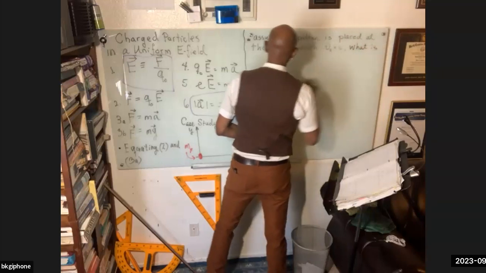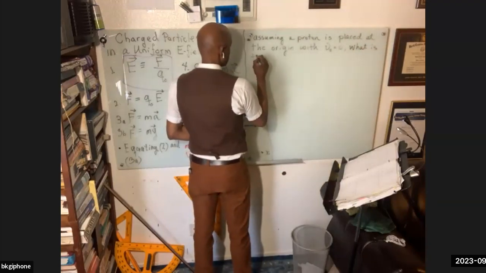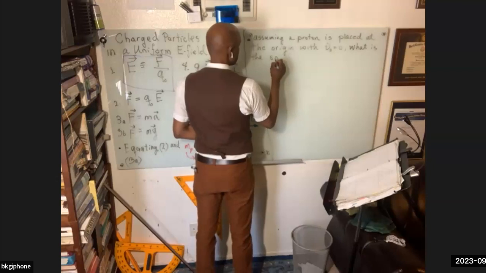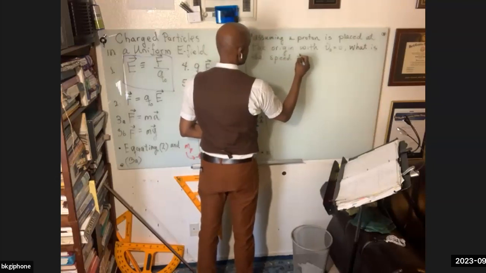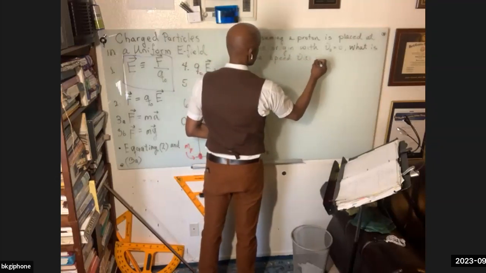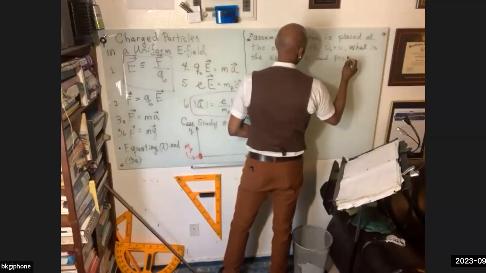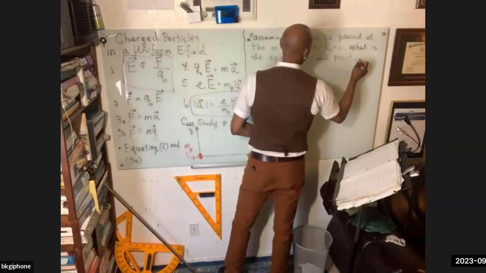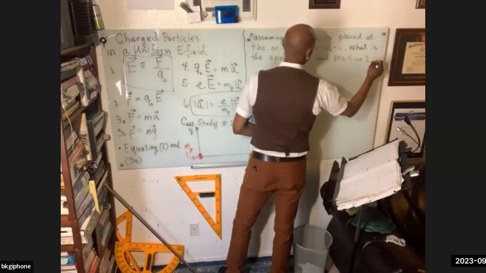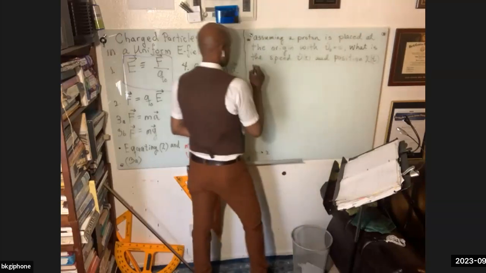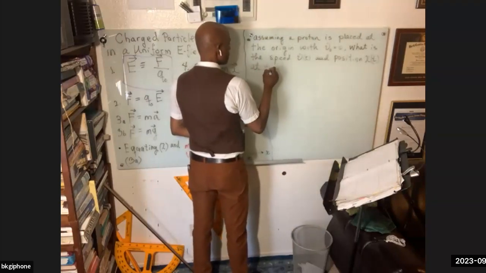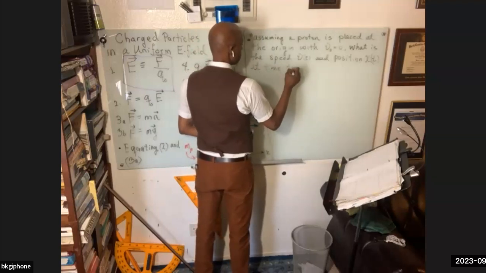What is the speed v and position x at time t?